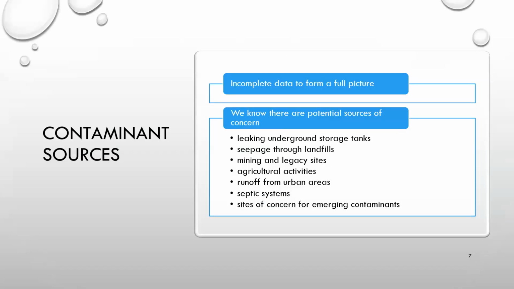And what do we know about other contaminant sources in the state? Well, I think like most states, or probably all states, we have incomplete data to really get the full picture, but we know that there are a lot of potential sources of concern that are common concerns probably across all states.